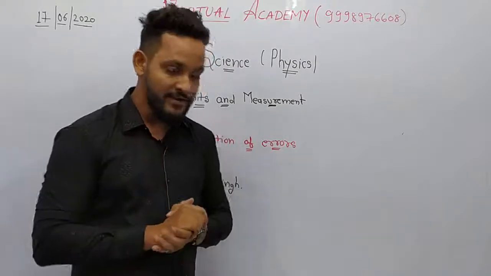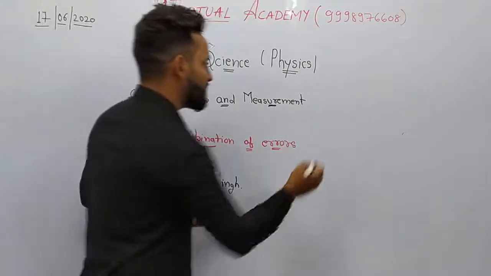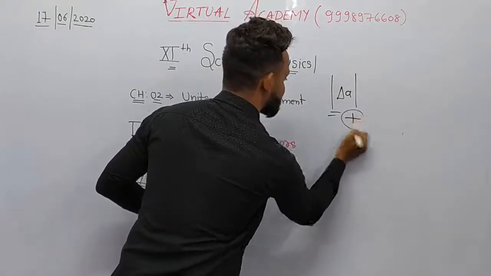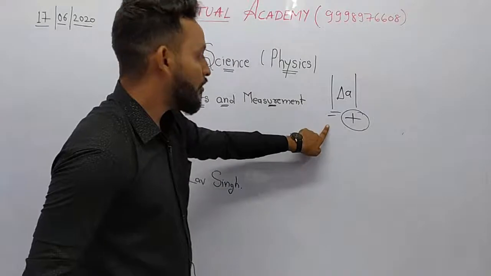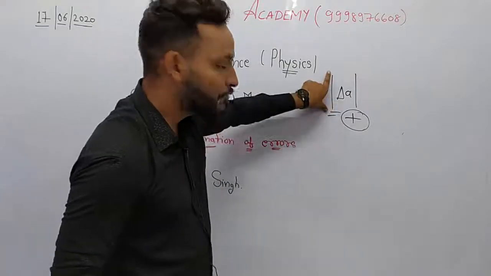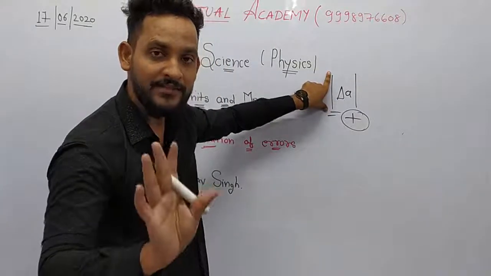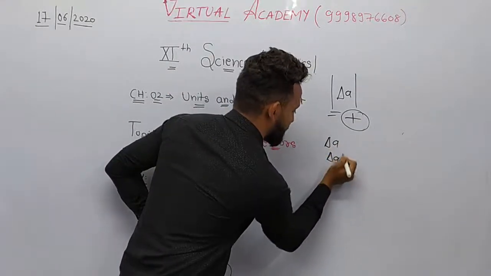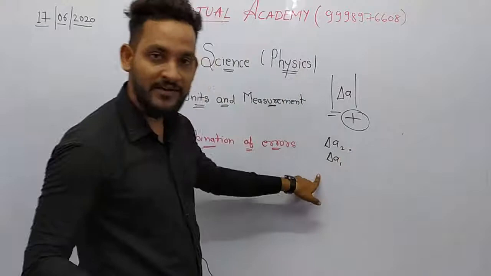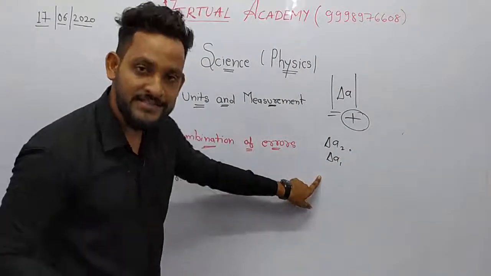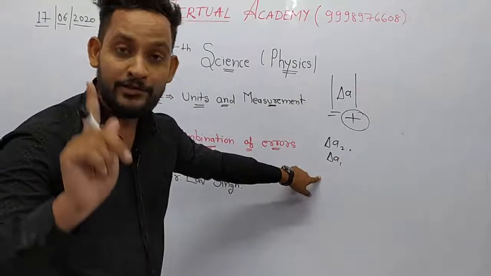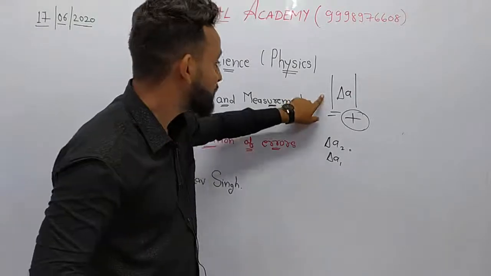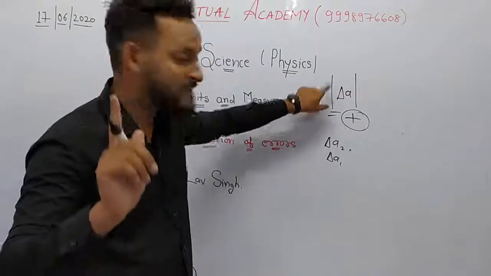Yesterday I told you that absolute error is always positive because it is in a mode. But when we are dealing with values just like that, it may be positive and it may be negative. But the value of absolute error is always positive when the absolute error is given in the mode.